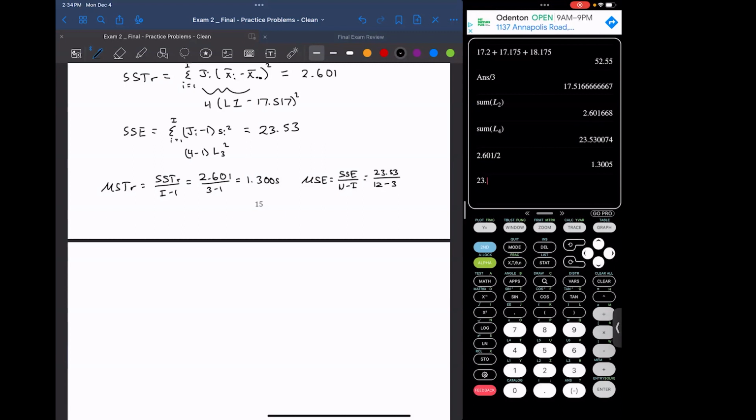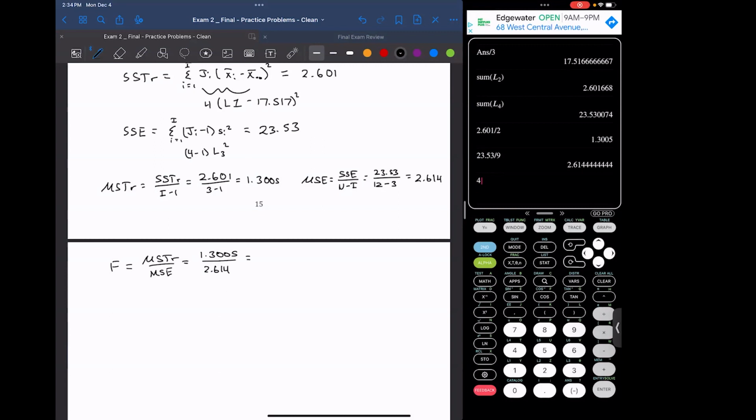So 23.53 divided by 9, 2.614. Next, we have to get our F value. It's going to be MSTR divided by MSE. It's going to be 1.3005 divided by 2.614.